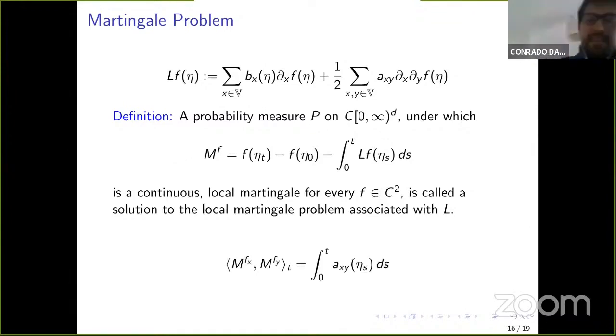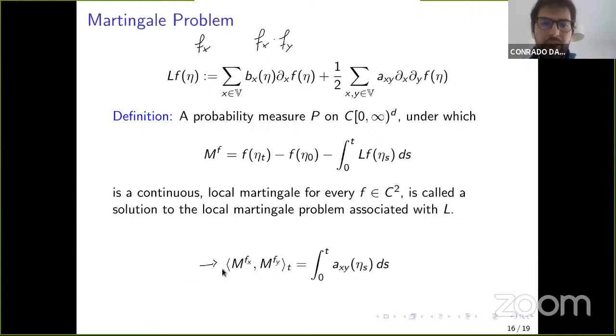The point is that if we examine the test functions that are the basic coordinate and the product of two coordinates, we can discover the quadratic variation of the martingales.